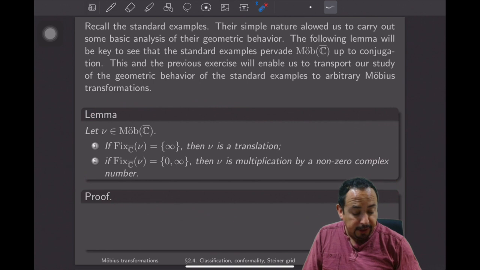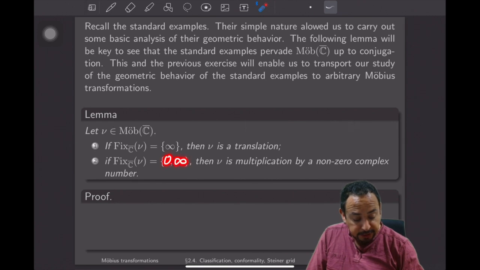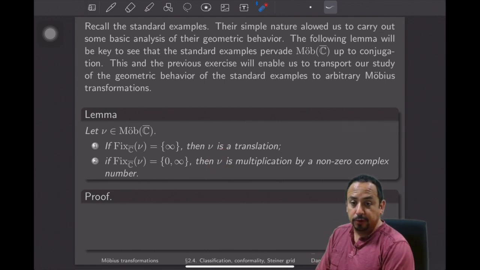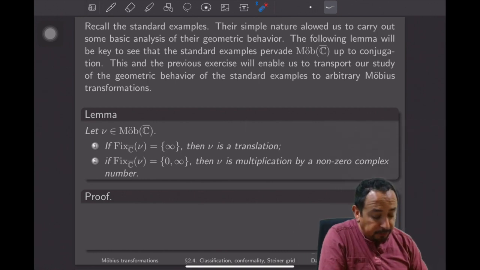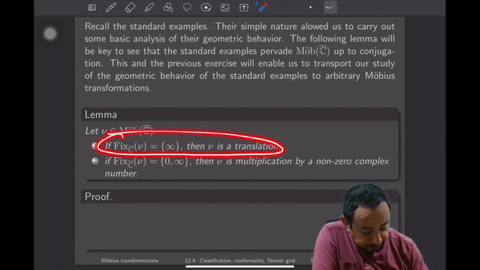If I have a Möbius transformation nu with exactly one fixed point, and that fixed point is the point at infinity in C bar, then nu is a translation. And if the Möbius transformation has exactly two fixed points, and these two fixed points are 0 and infinity, then it must be the case that nu is multiplication by some non-zero complex number.